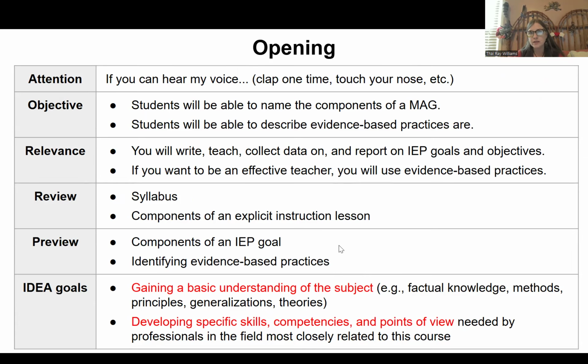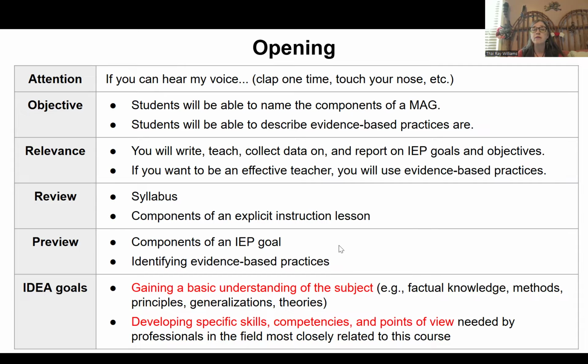So why is that important to you? What is the relevance of this to you and your life? Well, as a teacher and in your practicum and student teaching experiences here at the university, you are going to write, teach, collect data on, and report on IEP goals and objectives.